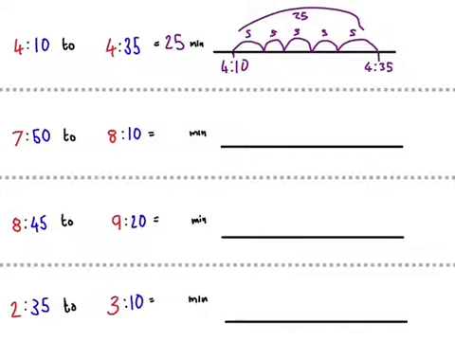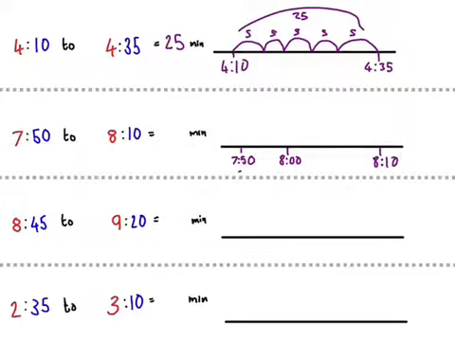From 7:50 to 10 past 8. So, 7:50 to 8:10. Now this goes over an hour. Well, that's fine. Let's get to 8 o'clock, because that's the full hour in between 10 to 8 and 10 past 8.